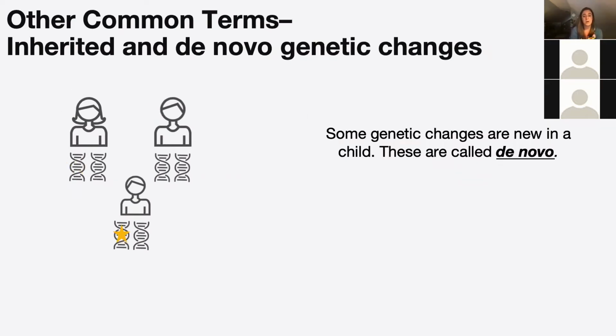Some genetic changes also can be new and unique to a child or an individual, meaning that they weren't inherited from a parent, but happen early on in sperm or egg or during development. Whenever a genetic change is thought to be new and unique to an individual, we call these de novo. De novo actually means anew, so it's new and unique to them.